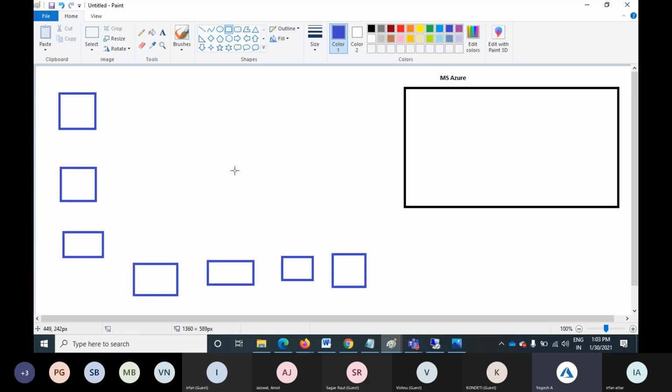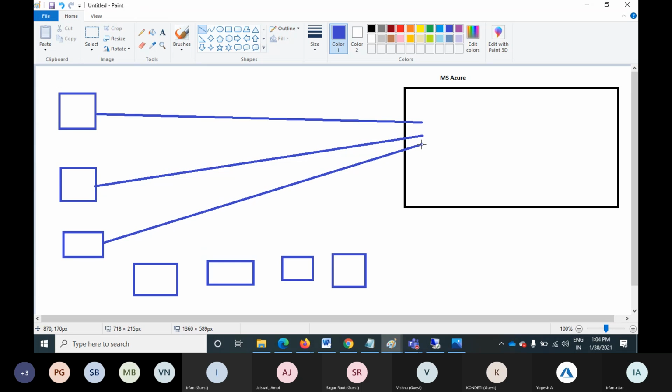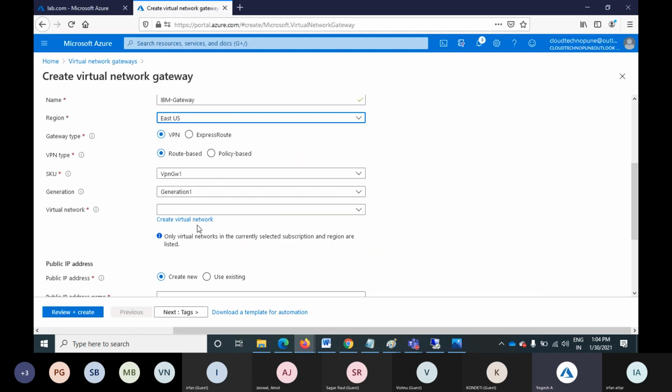All the branches are connected to your Microsoft Azure with site-to-site VPN only. If you have more than one connection, then Microsoft asks you to deploy a VPN gateway with route-based policies. With the policy-based VPN type, you can have a single connection only. This is the difference between route-based and policy-based.